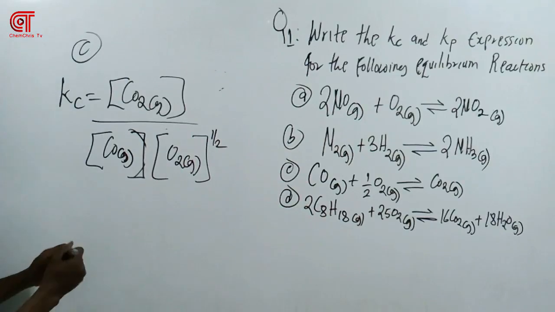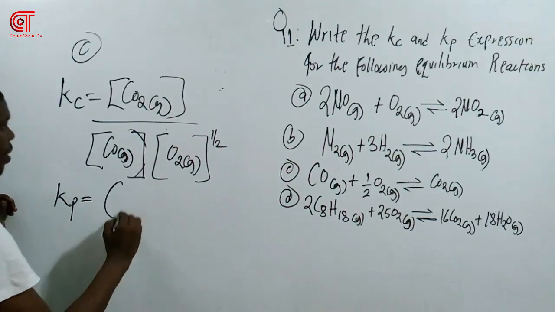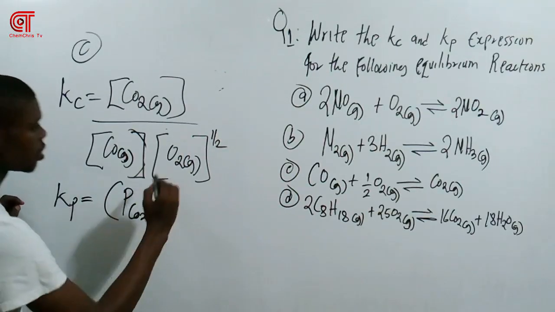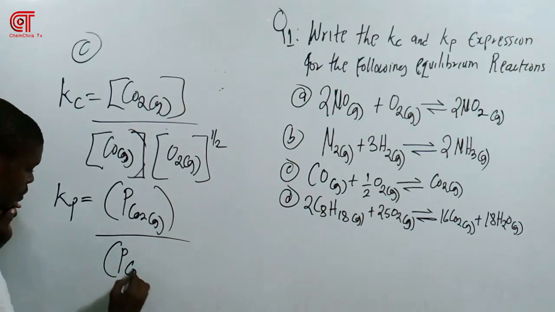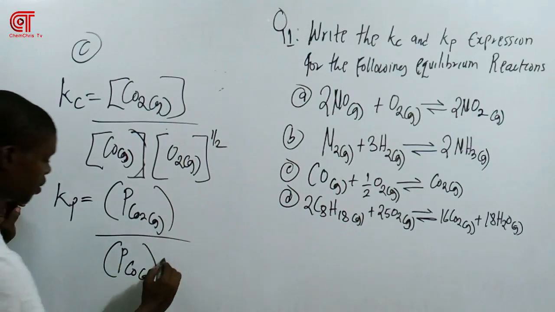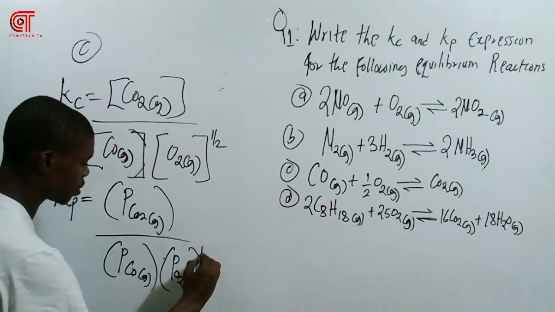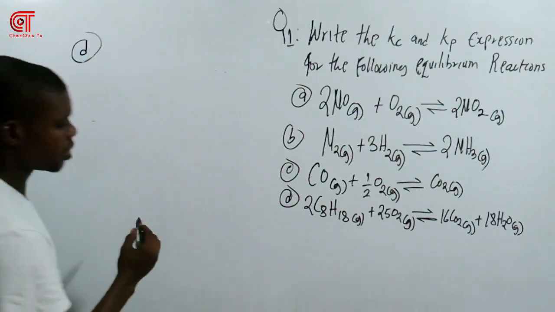You get? Then Kp equals the same thing here: partial pressure for CO2 gas over partial pressure for CO gas, then partial pressure for O2 gas. You get that? That is it for this one.